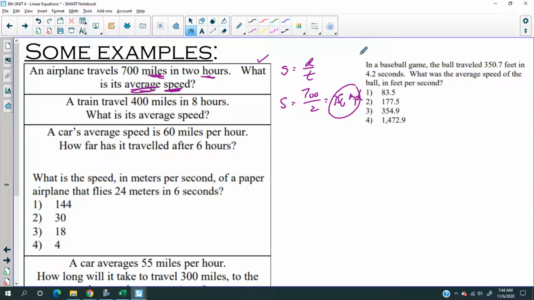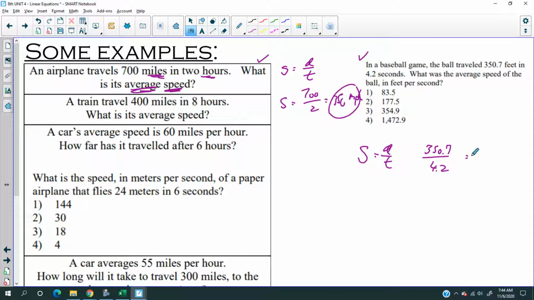Let's try one more. Let's do the one on the right side. In a baseball game, the ball traveled 350.7 feet in 4.2 seconds. What's the average speed again? Speed is distance over time. So that's 350.7 over 4.2 seconds.